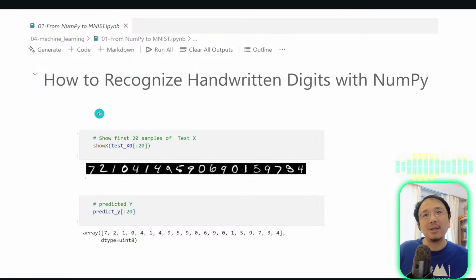Recall that the MNIST dataset is a dataset for recognizing handwritten digits. In the first notebook, we didn't use anything from Scikit-learn. We only used NumPy, and we used a very simple algorithm, the nearest neighbor.